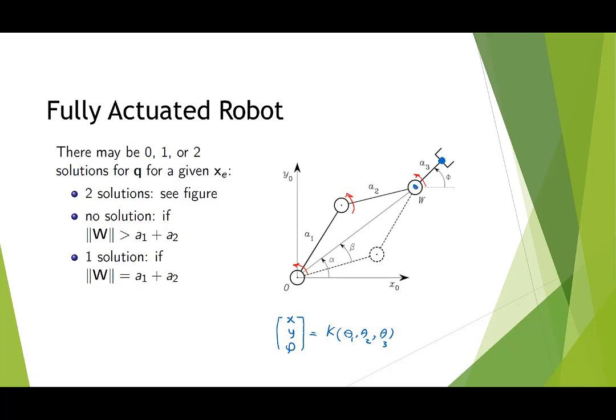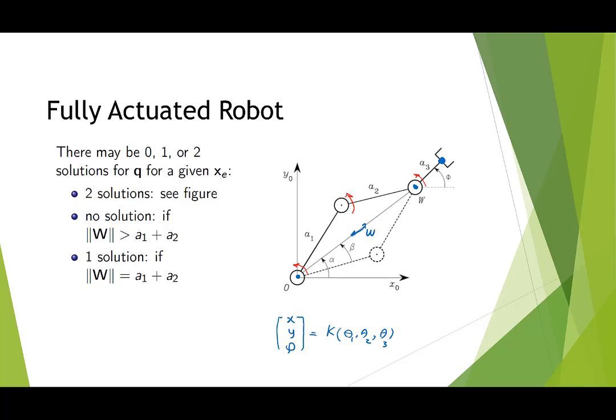If we assume the distance between these two joints is W for this case, if W is bigger than the length of link 1 A1 plus the length of link 2 A2, there would be no solution at all. If it's exactly equal to these two values, then there would be only one solution, and if it's smaller, there would be multiple solutions.